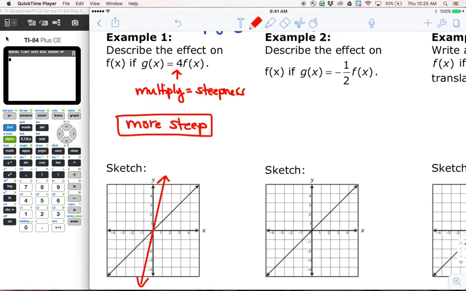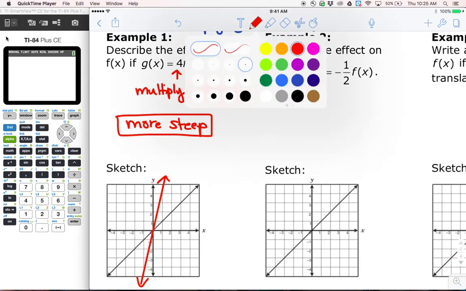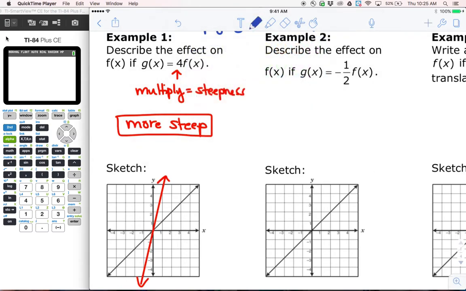On the next one, this one is saying that g of x is equal to negative 1/2 times f of x. Right off the bat, this negative means that we're going to go in the opposite direction. So this positively sloped line would now become a negatively sloped line. Then we have this 1/2. What does this 1/2 mean?